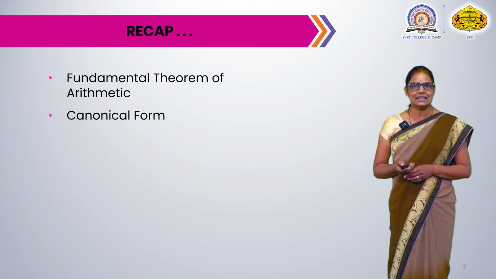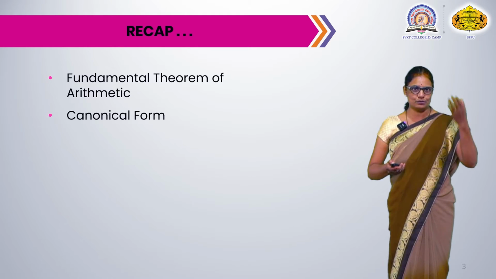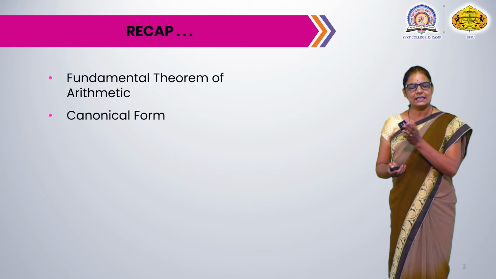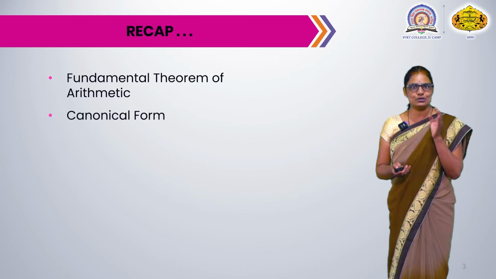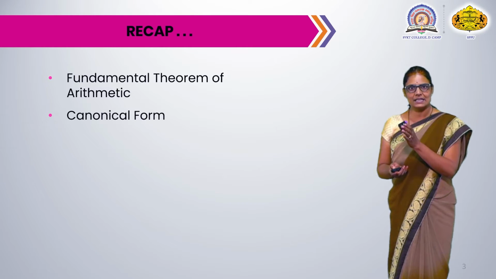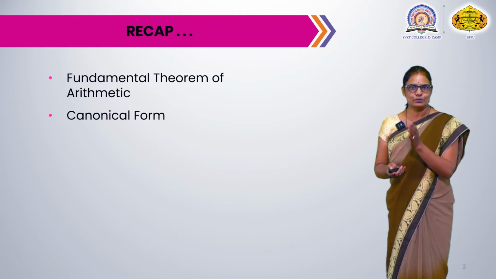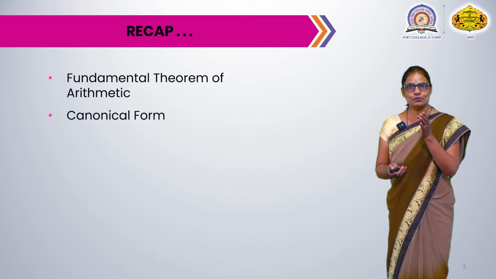So let us consider the example 2. 2 is itself prime, so 2 can be written as 2 raised to 1. If I take another example, 18, how do we write this 18? As 2 into 9, again factorize 9, so we get 3 into 3. So this 18 can be written as 2 into 3 raised to 2.